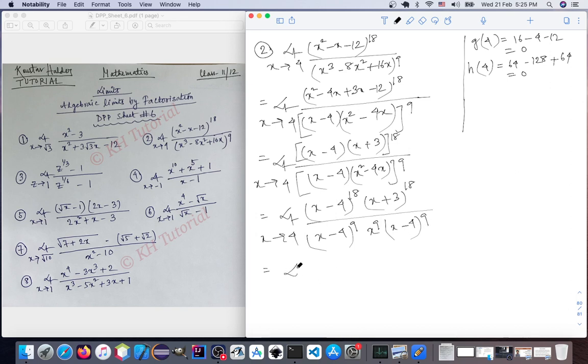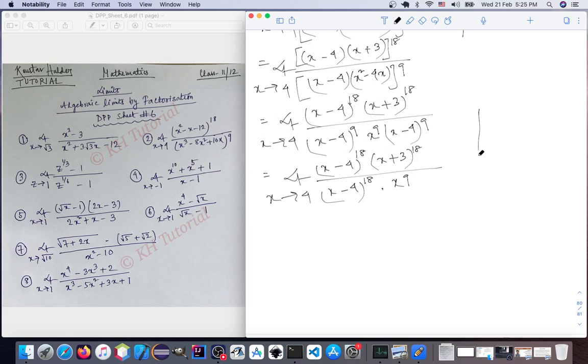Now after simplifying it becomes (x minus 4) to the power 18 (x plus 3) to the power 18 by (x minus 4) to the power 9. We have 2 times x minus 4 to the power 9, so we have x minus 4 to the power 18 and x to the power 9.